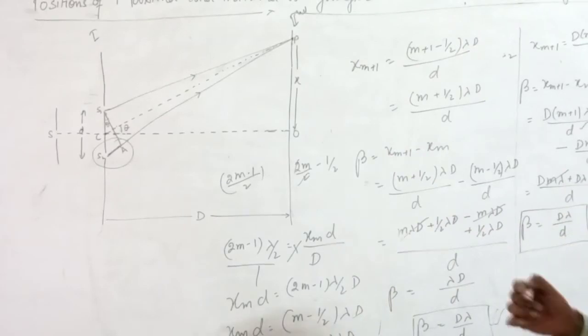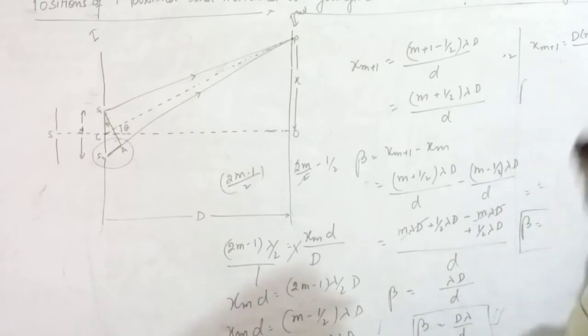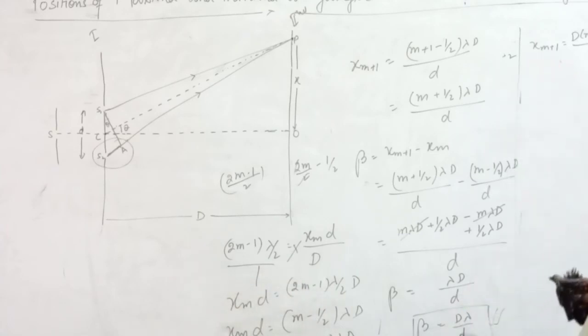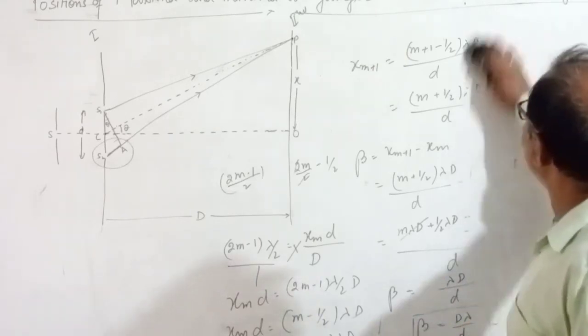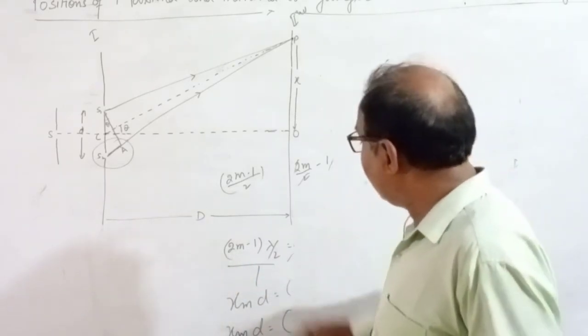What is angular fringe breadth? I am going to remove this. For angular fringe breadth, I will come to my point.